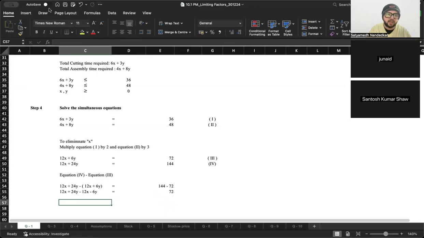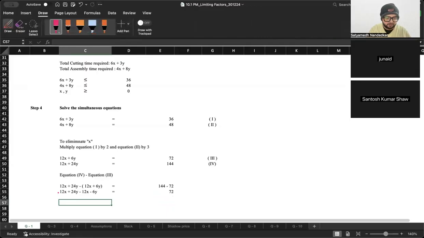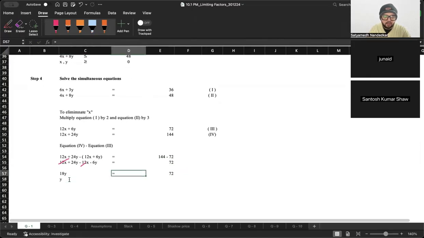Okay, now 12x will get cancelled. I'm left with 18y equal to 72. So that gives me y is equal to 72 upon 18, y equal to 4.